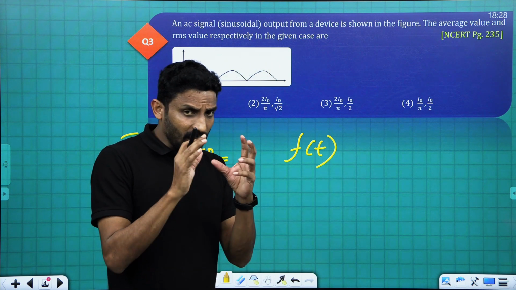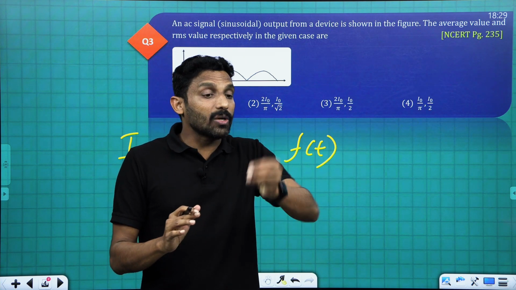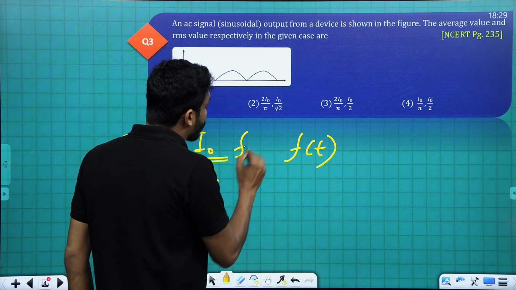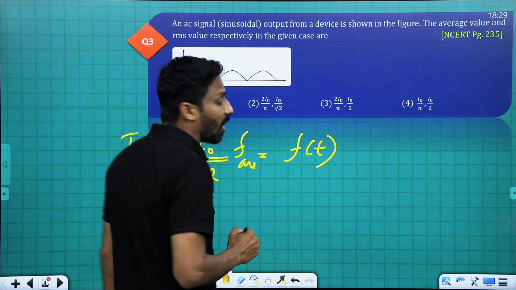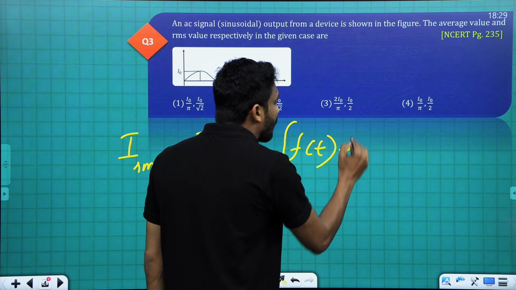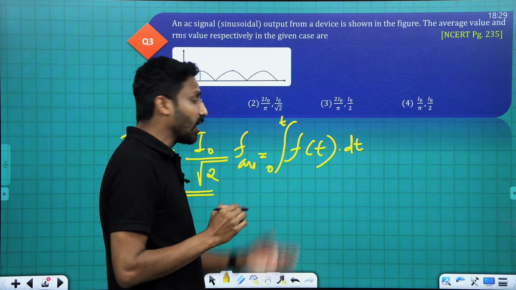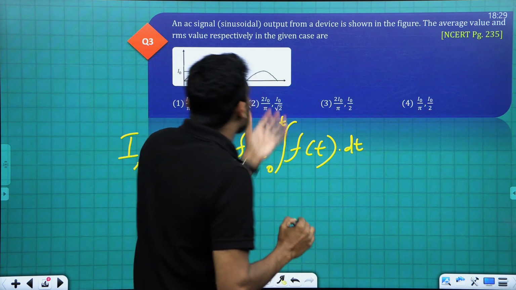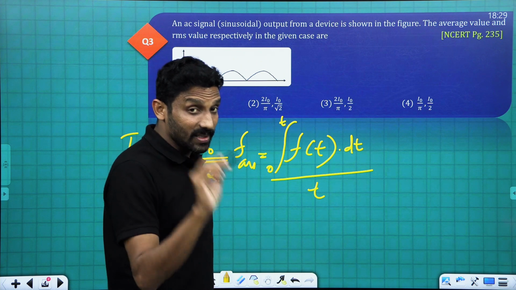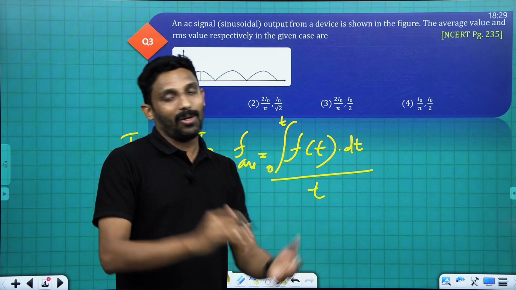Then what will be the average of this function during a time interval from 0 to T seconds? The average value is mathematically written as f average is equal to the integral of f of t dt from 0 to T, integrating the function over the time interval, divided by the total time interval. This is the mathematical way of finding the average value.